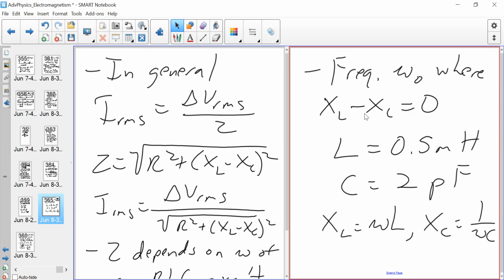Otherwise we have to account for the phase differences, which we do, mostly in a general RLC circuit. But if you want it to resonate, these guys have to be equal.